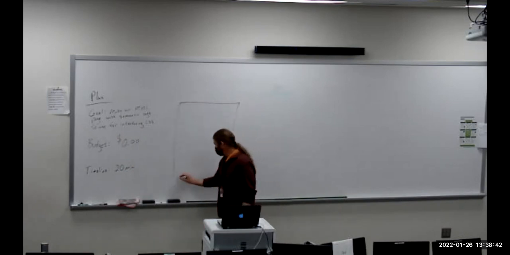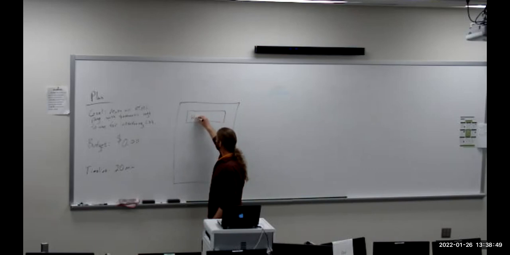So I'm just going to do a quick sketch here. We'll put a header section up top. Then I'll put in an article with a couple paragraphs in it. Run out of room, so I'll just put paragraph 2, some sort of image.